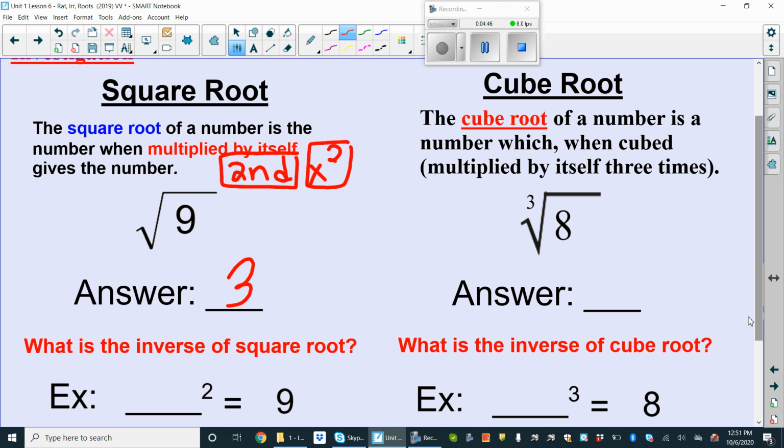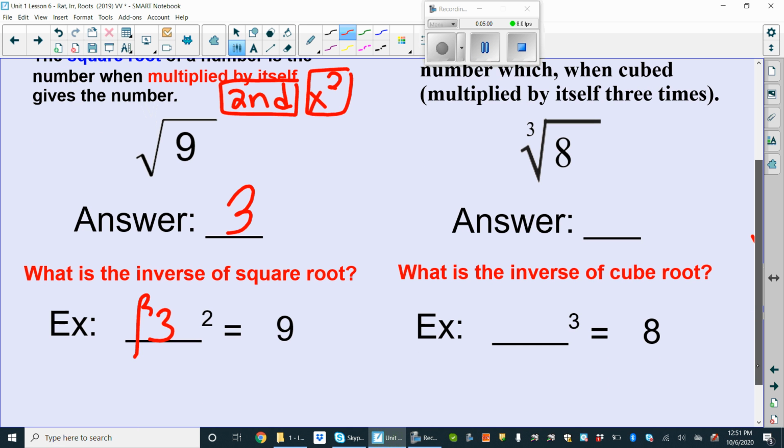So in this case, the square root equals 3 because 3 squared is 9. 3 squared is 3 times 3. That is what it means to square something: multiplying it by itself 2 times.